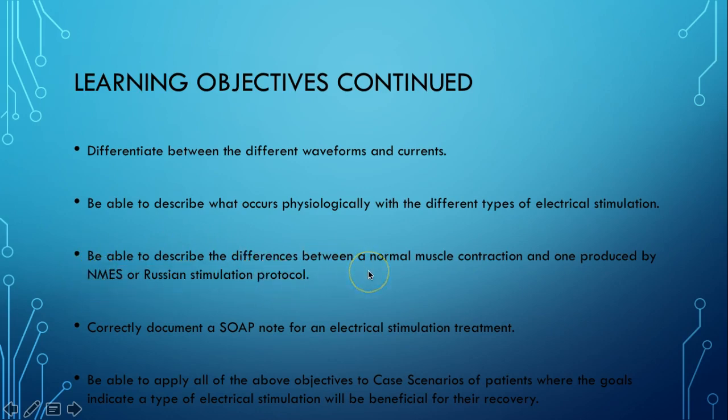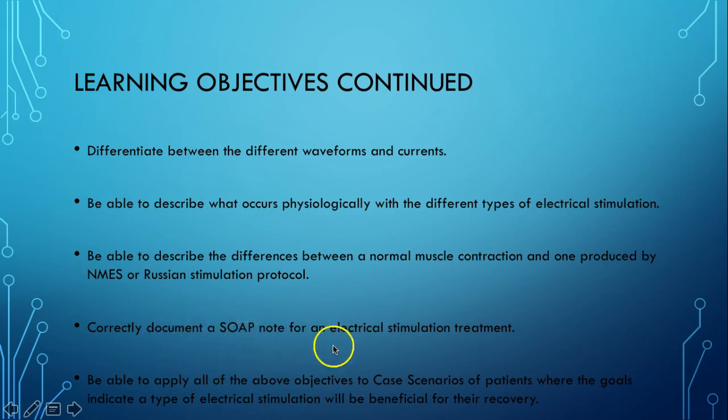And this is really important, and you'll read this in chapter 12 to know the physiology of how our normal muscle contraction works versus the one that we produce with an electrical stimulation machine, and why that's important. You're going to be able to correctly document a SOAP note for an electrical stimulation treatment, including all the different parameters, positioning, skin checks, and be able to know how to correctly document for that so someone can replicate your treatment.